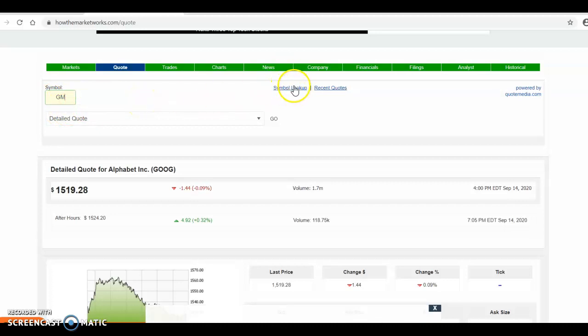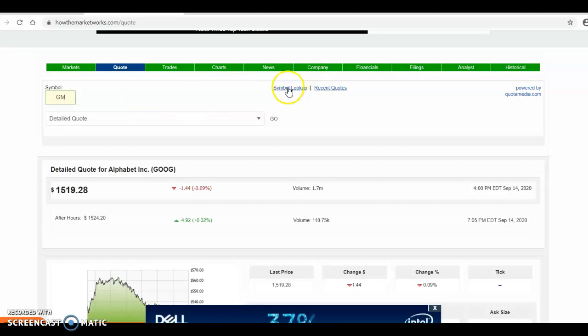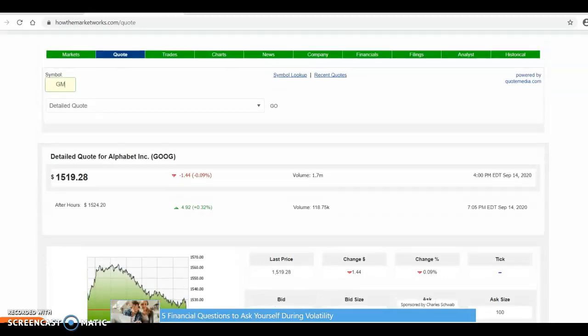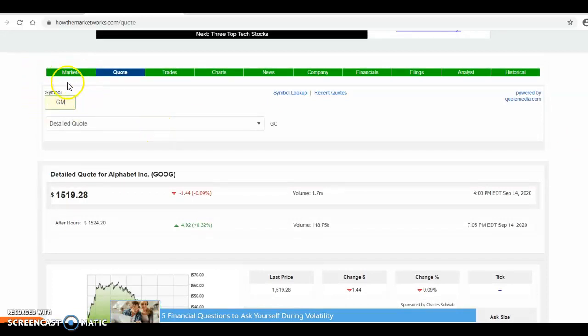They have this link here, symbol lookup. If you know the name of the company but you don't know the symbol, you can use that. Although I sometimes have a problem with that, and I go onto Google and put in the name of the company, and I'll get the ticker and put in the ticker symbol. This is called a ticker symbol, okay?